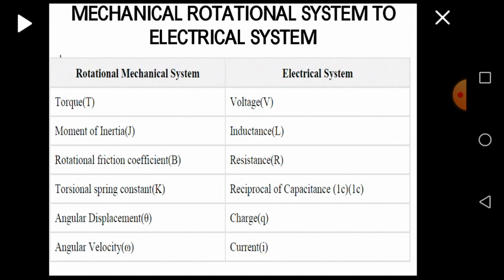For the torque-voltage analogy, we know that torque will be changed as the voltage, and the moment of inertia will be changed in terms of the electrical system as the inductance, and the rotational friction coefficient B will be changed as a resistance, and the torsional spring constant will be changed in terms of the reciprocal of capacitance in the electrical system, and the angular displacement theta will be changed as a charge q, and the angular velocity omega will be changed as a current I.